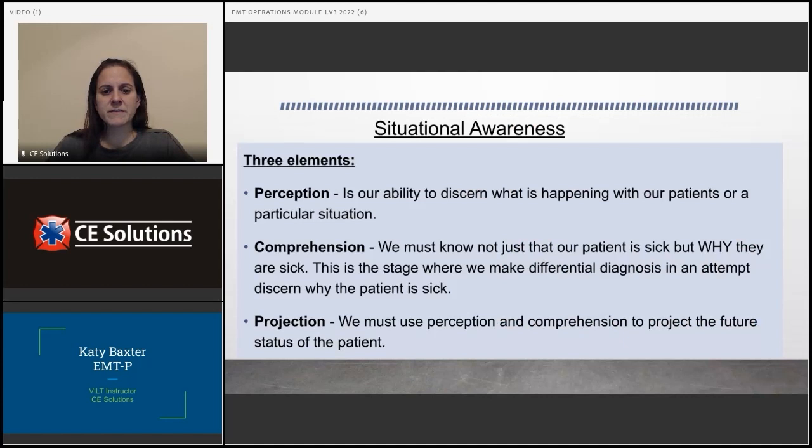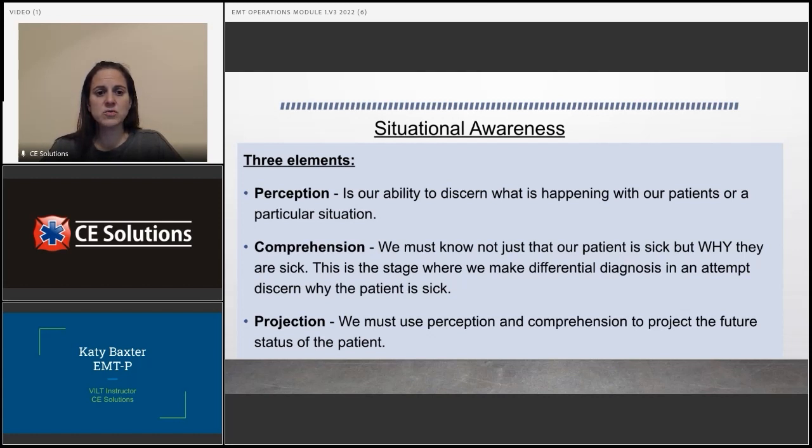Situational awareness. If you see something unsafe or if you notice something is going wrong, say something. Speak up. You've got three elements: a perception, a comprehension, and a projection. The perception is our ability to discern what's happening with our patients or a particular situation. We've got the comprehension aspect of it.